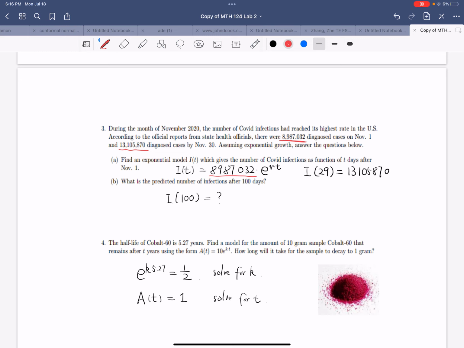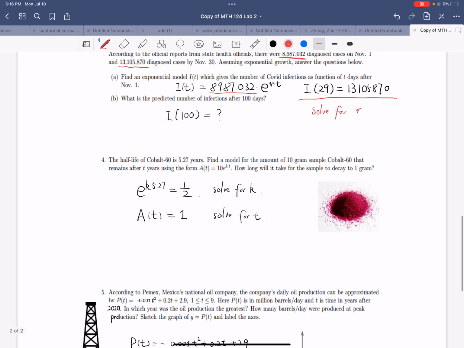You plug in 29 for t, and using this relation, you solve for r. After you solve for r, you get this function, where you know all the numbers. The next question is to predict the number of infections after 100 days. You just plug in t equals 100 into the whole expression to get this number.